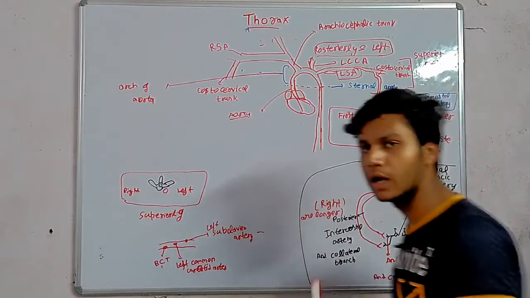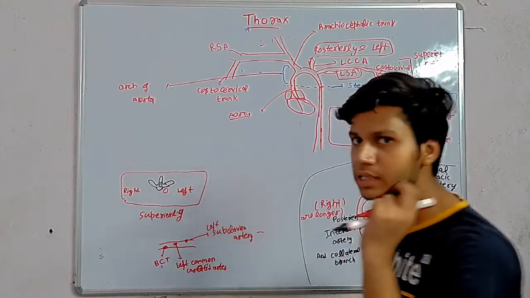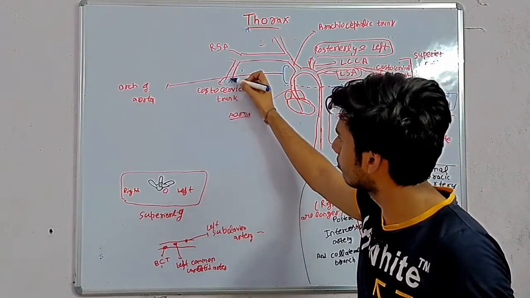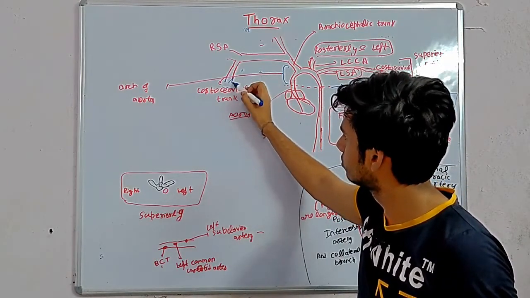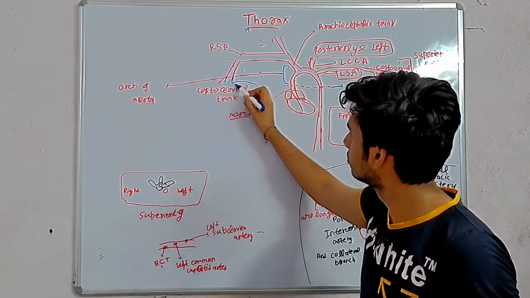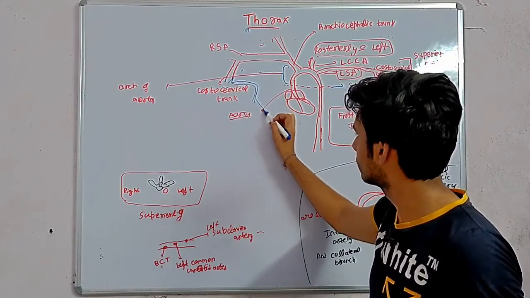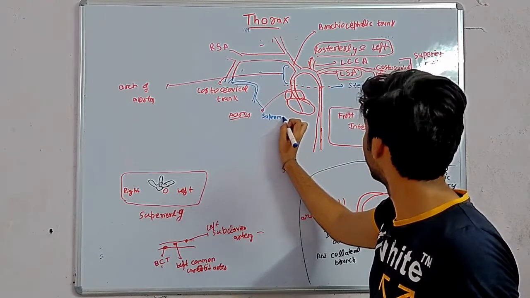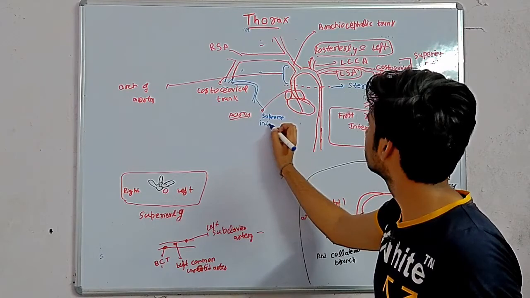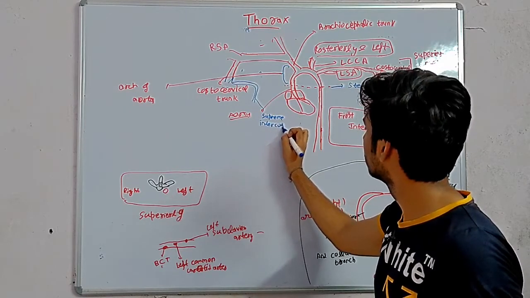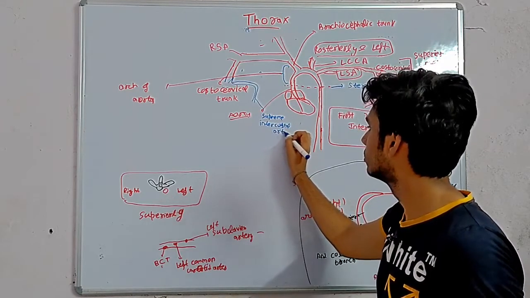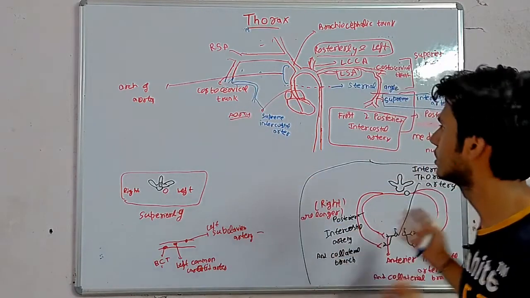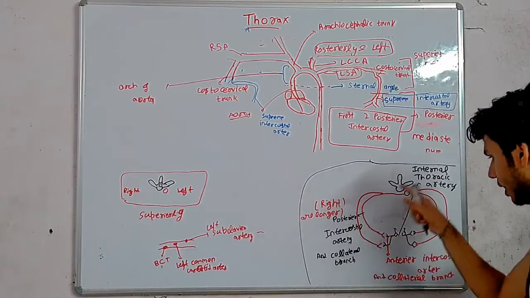So the first two spaces are supplied, then the remaining spaces are 9. The costocervical trunk gives a branch, the supreme intercostal artery, which then divides and gives two posterior intercostal branches and supplies like this pattern.